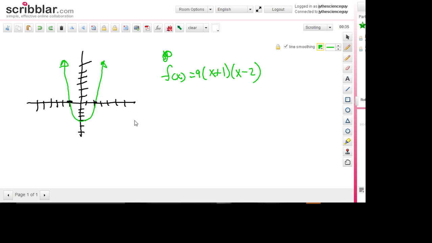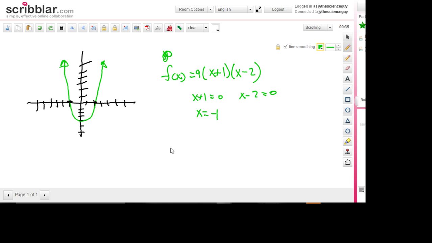You have x minus 2. Is it not plus 2? Well, remember we said that these were zeros, right? So what I'm going to do is take each one of these parentheses and set it equal to 0. So you get x plus 1 equals 0, and x minus 2 equals 0. If I solve the first equation for x, what number do I get? -1.